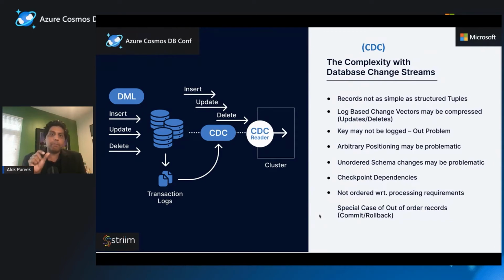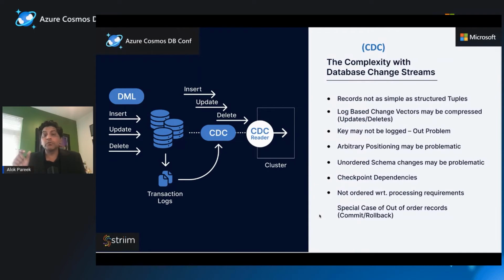Typically, these are very compact binary representations of the change vectors that you produce against data blocks on the actual tables, which are represented and encoded as redo records in the transaction log. So that structure, you need to interpret that, and then you need to be able to map that onto the model on the Cosmos DB side. And that turns out to be challenging.